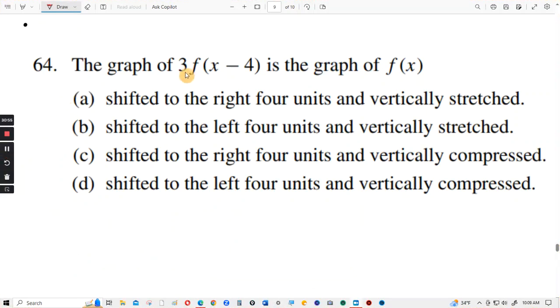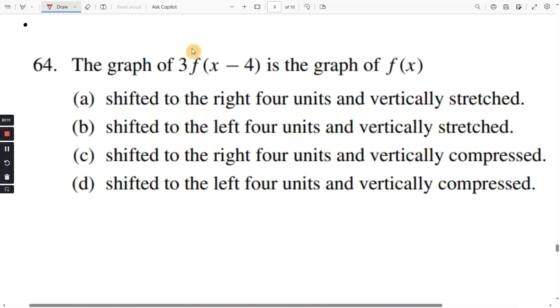(64) The graph of 3f times x minus 4 is the graph of f of x. And here in the first half, they tell you if it shifts right or left. In the second half, it's vertically stretched or compressed. All right, this f of x minus 4, this right here, is basically your y value.